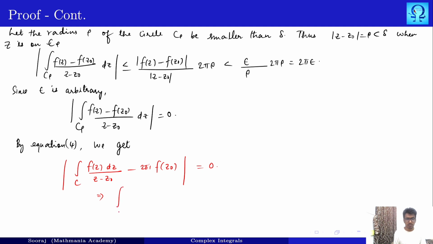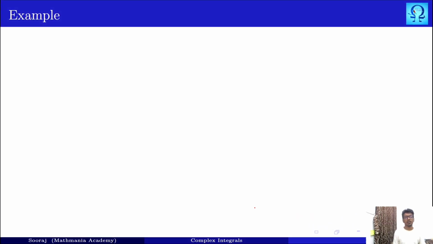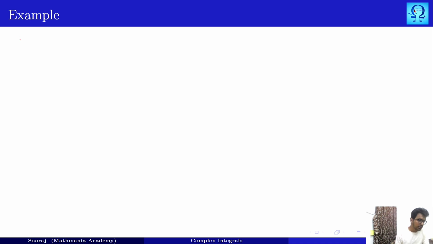This proves the integral over c of f of z dz upon z minus z naught equals 2 pi i f of z naught. So this is what we intended to prove. That's it, right? So based on this, let us work out a problem now.